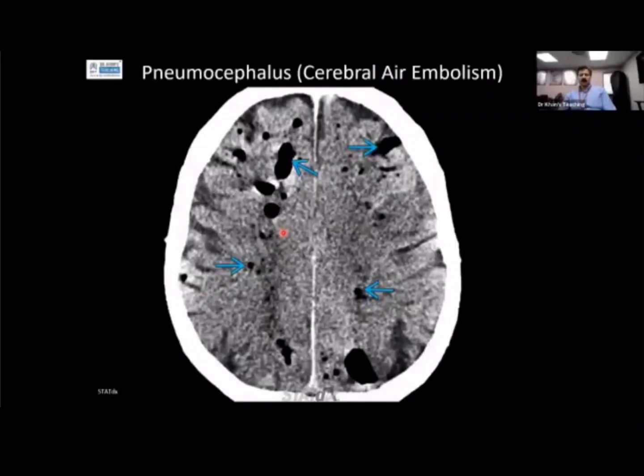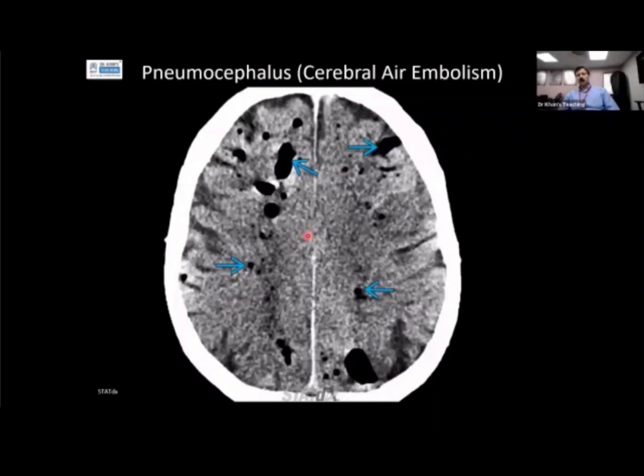But sometimes, in this particular case, what had happened is that because there was a patent foramen ovale, air went into the arteries. And ultimately, it caused air embolism. When there is air embolism, there might be stigmata of small infarctions, etc., also with it.